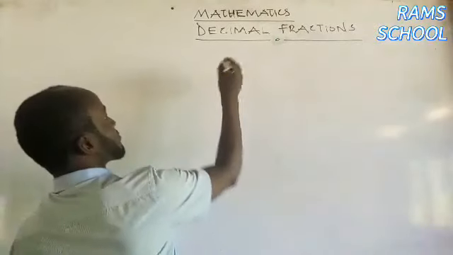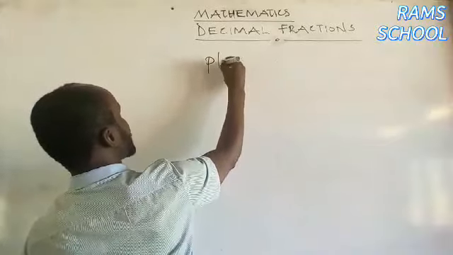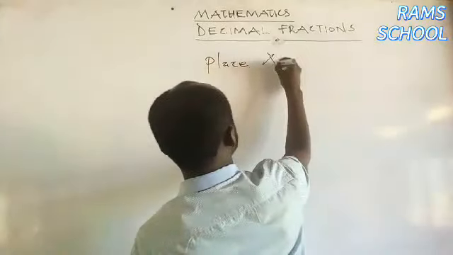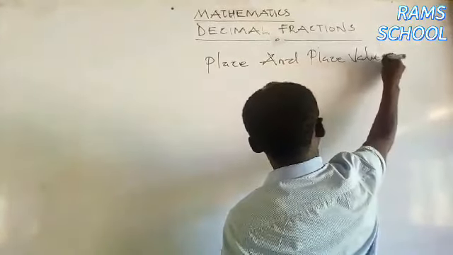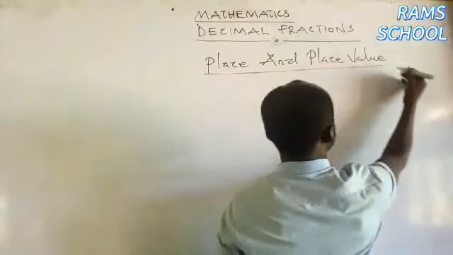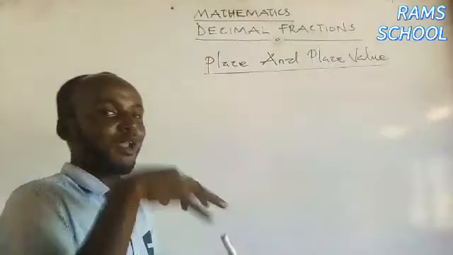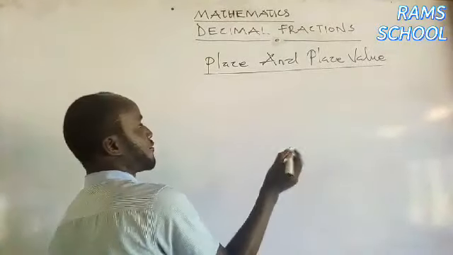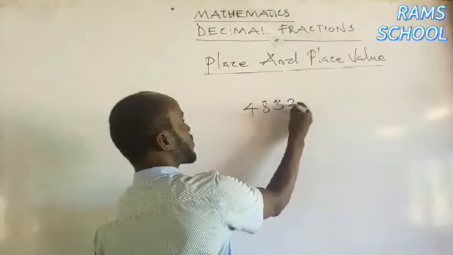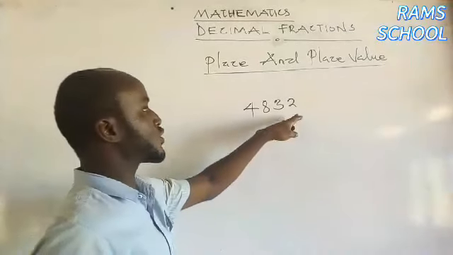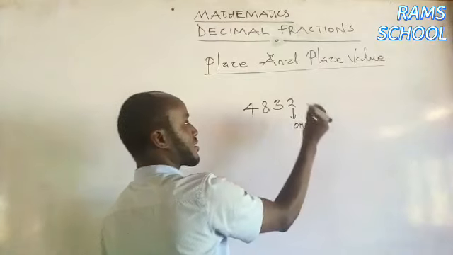Now let's take one quick subtopic under this. I want us to know how to find a place and place value. In numbers and numerals, we saw that every digit has a place and also a value in a group of numbers. For instance, if I give you 4,832, in numbers and numerals, we saw that the digit 2 here has a place called ones.